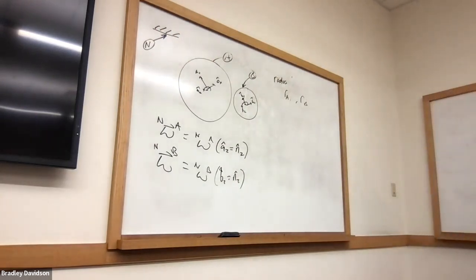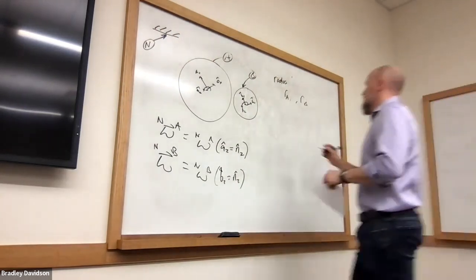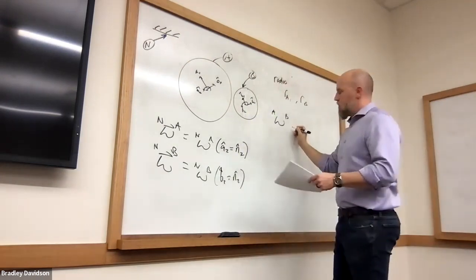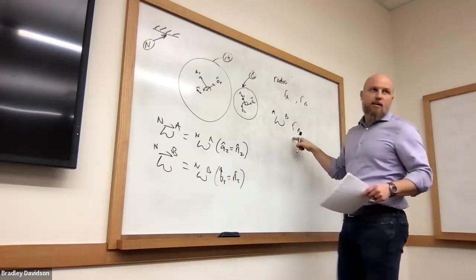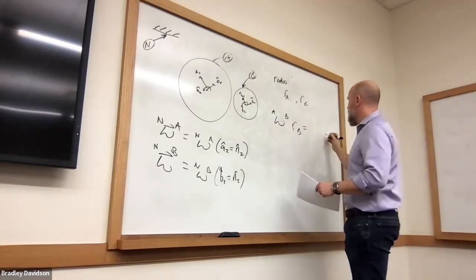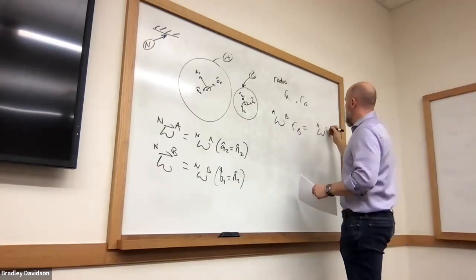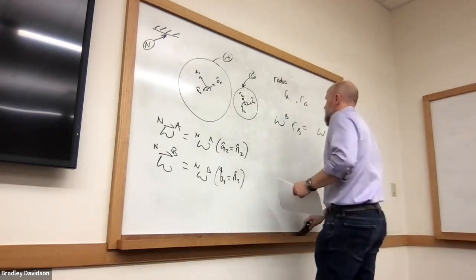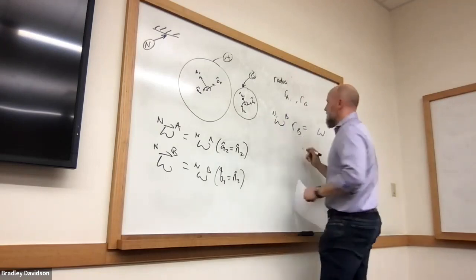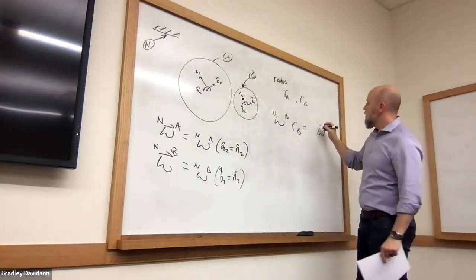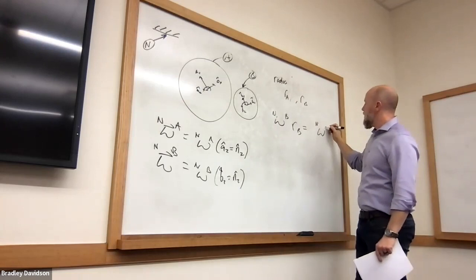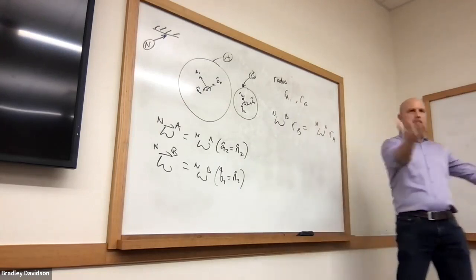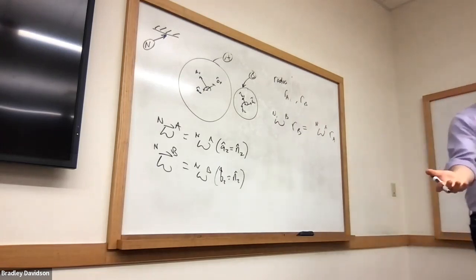So the question is: omega B multiplied times the radius of B is equal to omega A multiplied times the radius of A. This is our gear ratio.